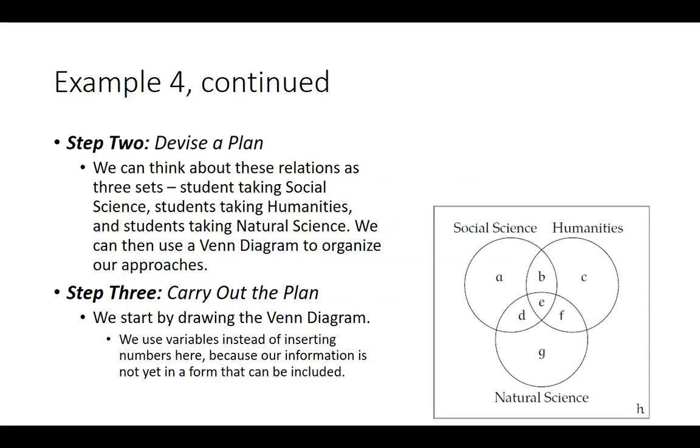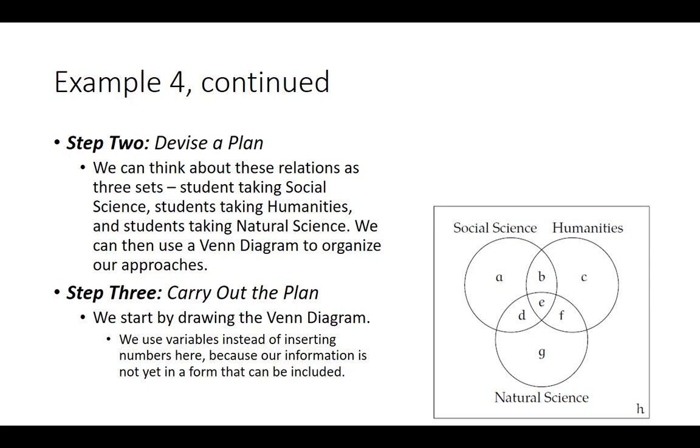Step 2, devise a plan. No surprise, our plan is going to be using a Venn diagram with 3 circles, 1 for social science, 1 for humanities, 1 for natural science, and we overlap them.